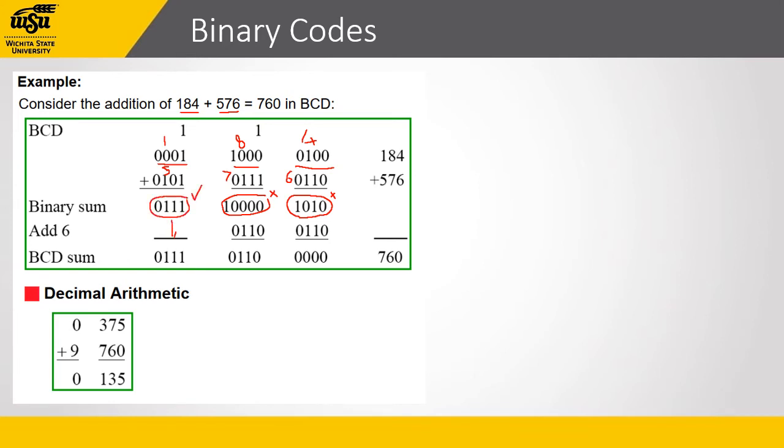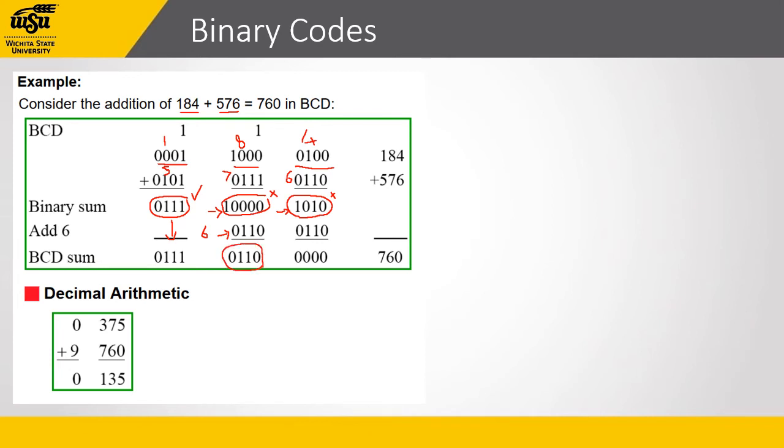So we keep it as is in the result in our summation, but we have to convert these two back to valid BCD digits. So we add 6, binary digits of 6, which is equal to 0, 1, 1, 0. We forget about the carry bit, and we have our BCD valid digit.